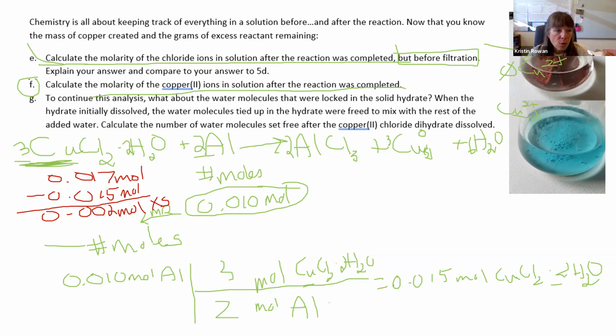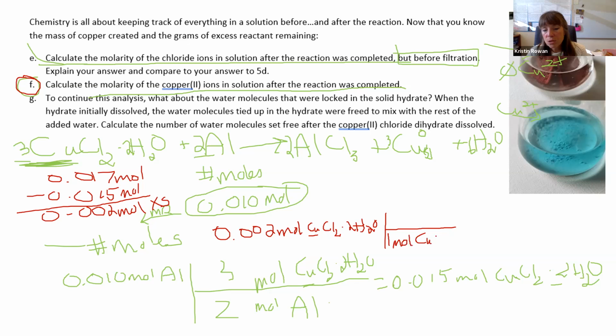So what I was trying to do in letter F was calculate the molarity of the copper 2 ions after the reaction was completed. Let's see what we remember from before. If I take this 0.002 moles of CuCl2·2H2O, and I'm trying to figure out the molarity of the copper ions only, I can use a little dimensional analysis to say for every 1 mole of CuCl2·2H2O, there is 1 mole of copper ions present.